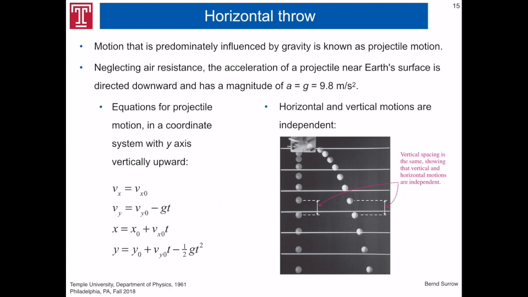So the part which I want to now calculate, and this is the last part for this lecture, is exactly this horizontal throw. So in the x direction, the initial condition is an initial velocity in the x direction. And this is shown here by a little metal ball that you give an initial velocity in the x direction. In the y direction, you have no initial velocity.